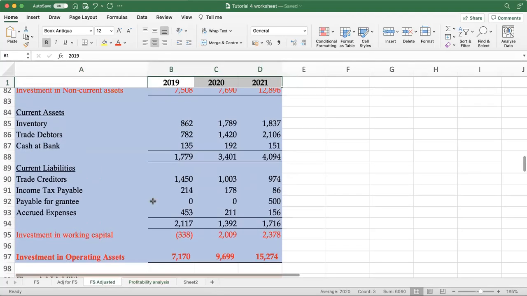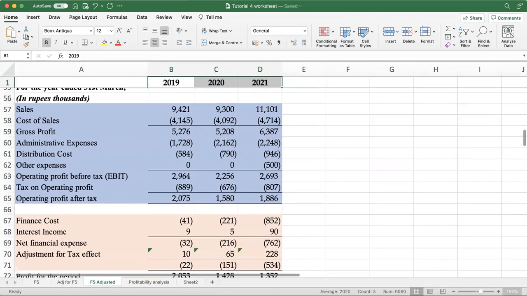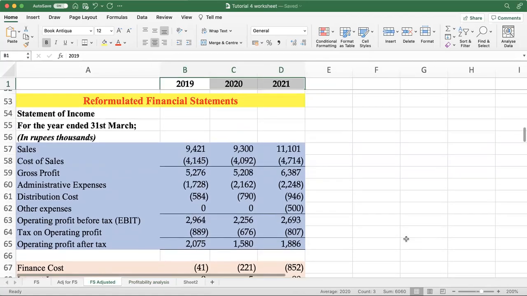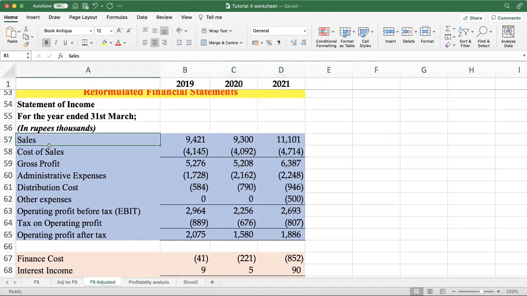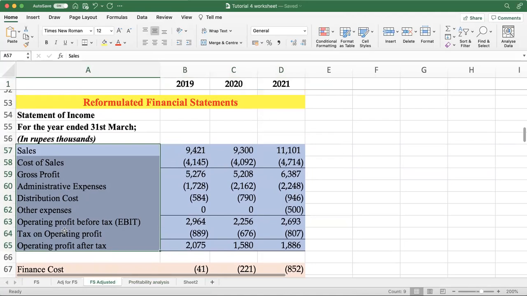You see in your statement of income, you take the operating items.